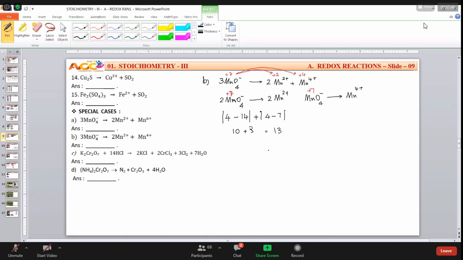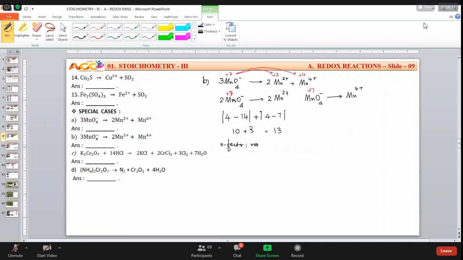Sir, N factor is the total number of moles of electrons involved per mole of substance. Yes, 13 moles of electrons are involved for 3 moles. N factor. Let me remind you the definition.